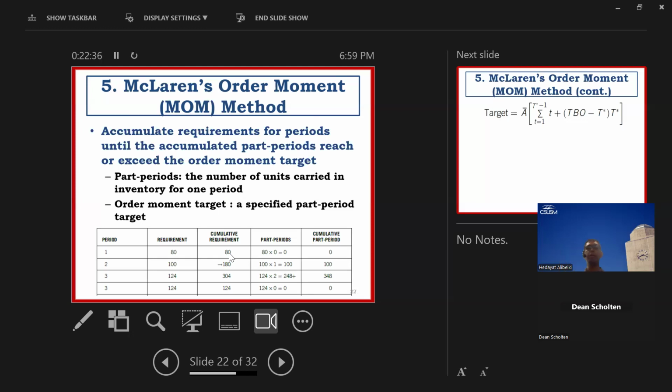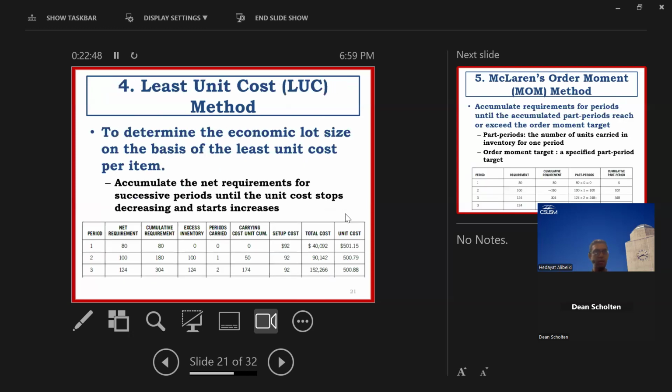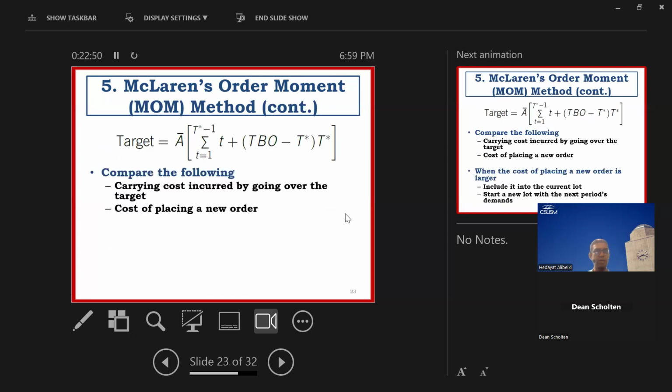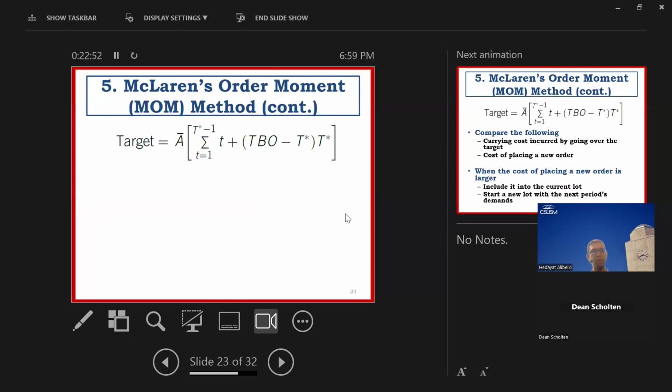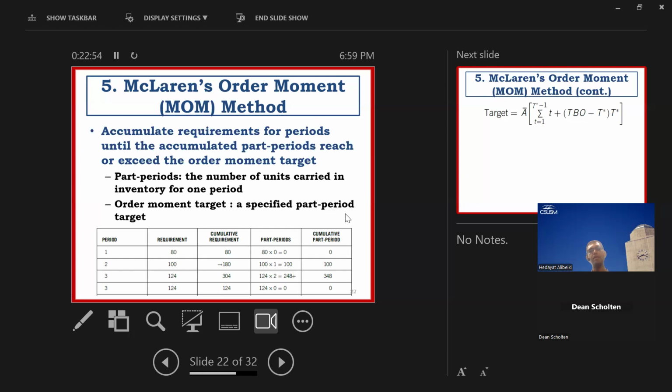So that 100 is the part period. And 100 is less than 180. I believe it's like 180-something here, so 100 is less than that. So we keep going and calculate again.